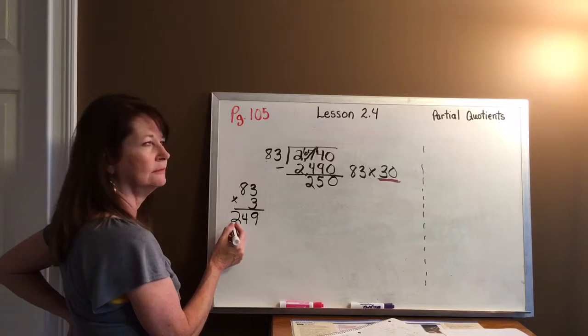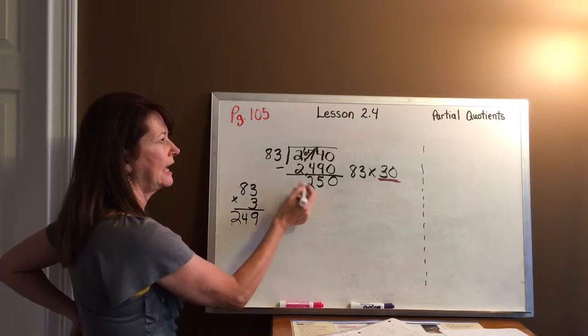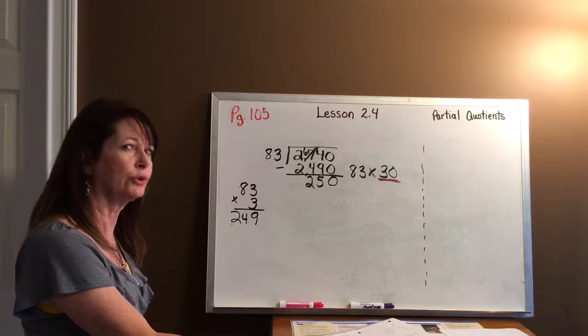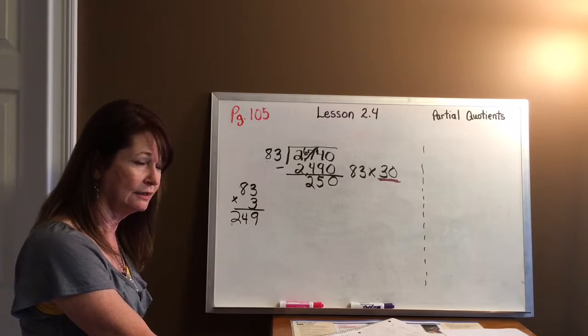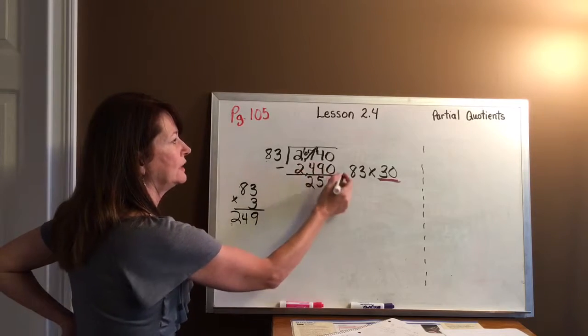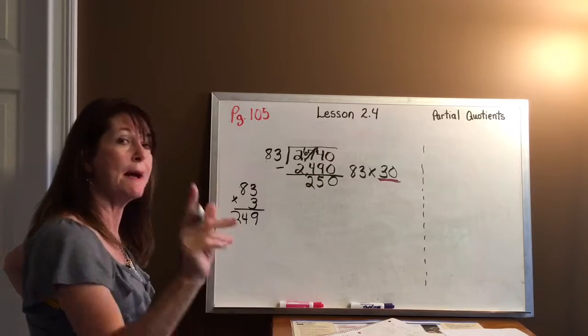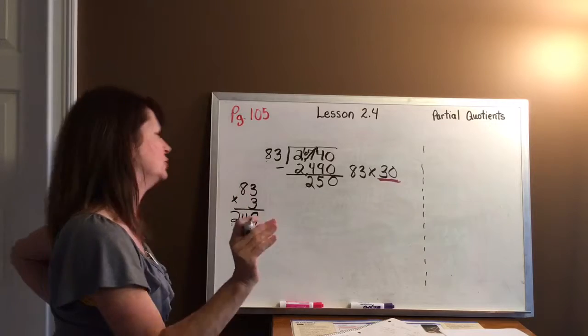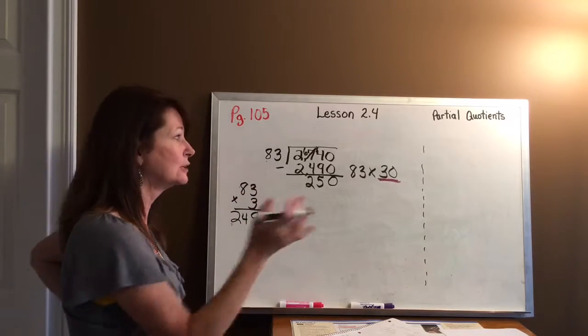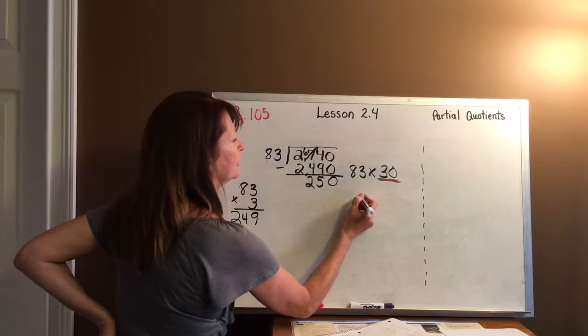So look right here. Can we do 83 times 30? No, right? No, because when we tack on the 0, we would get 2,490. But can we do 83 times 3? Yeah, that's what we want to do. So over here, let's do that.